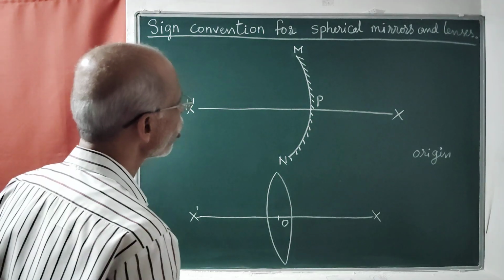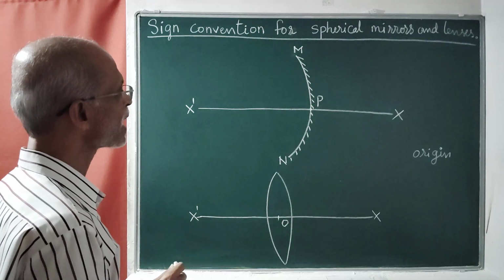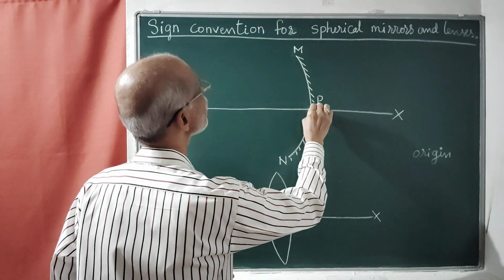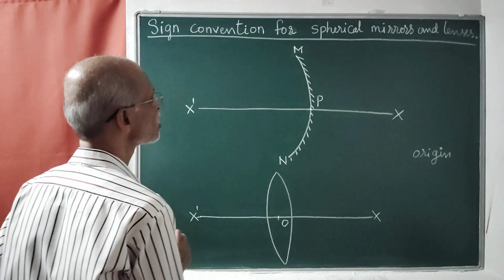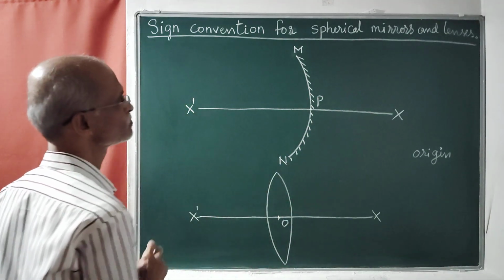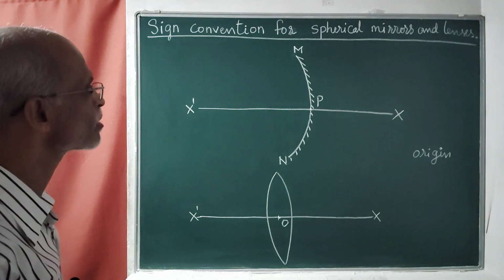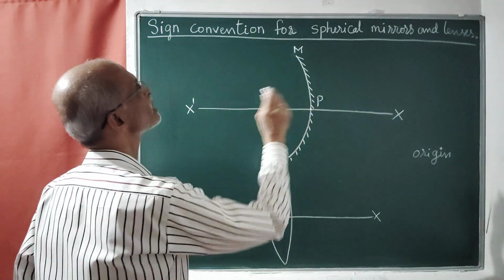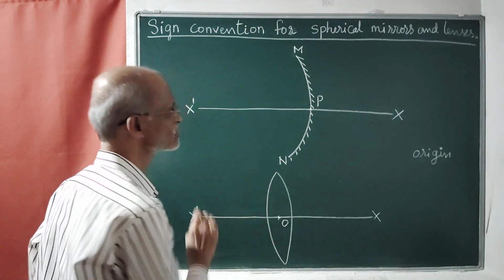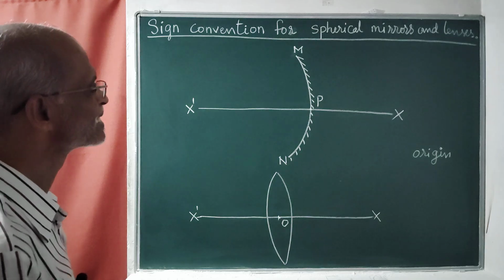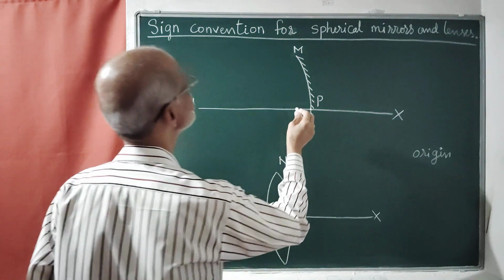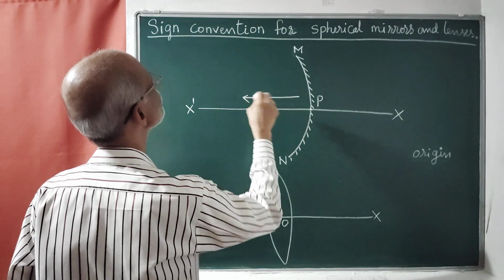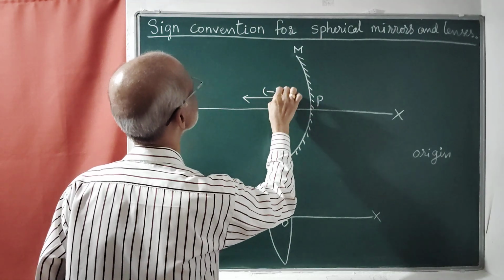Next, all the distances that are parallel to the principal axis have to be measured from the pole of the mirror or the optic center of the lens. The distance that you measure towards the left side will carry a minus sign.